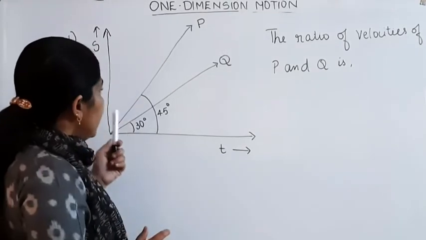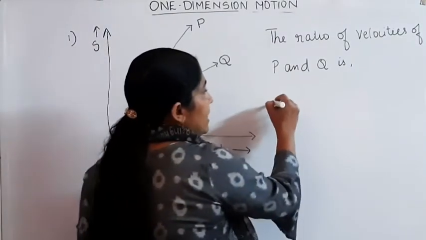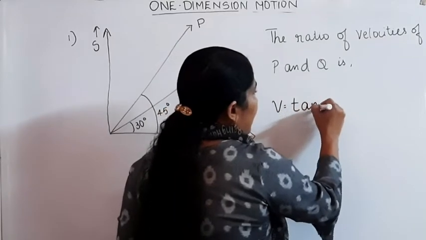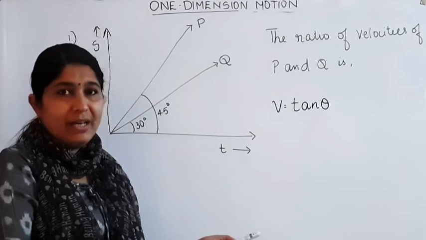From the displacement-time graph, the angle is given. Therefore, velocity V is equal to tan theta, since the slope of the position-time graph gives velocity.